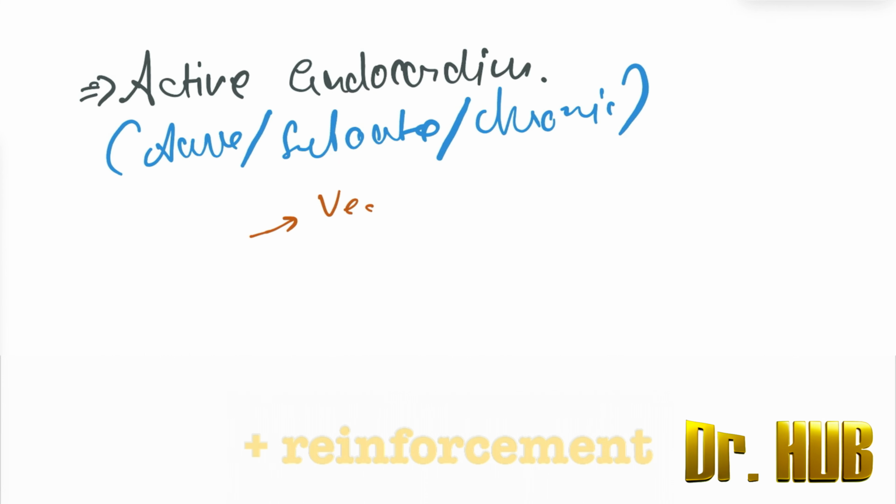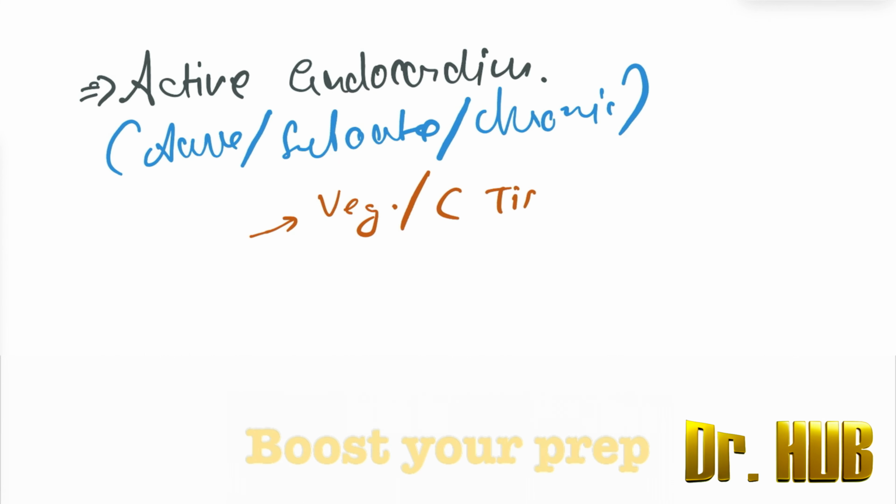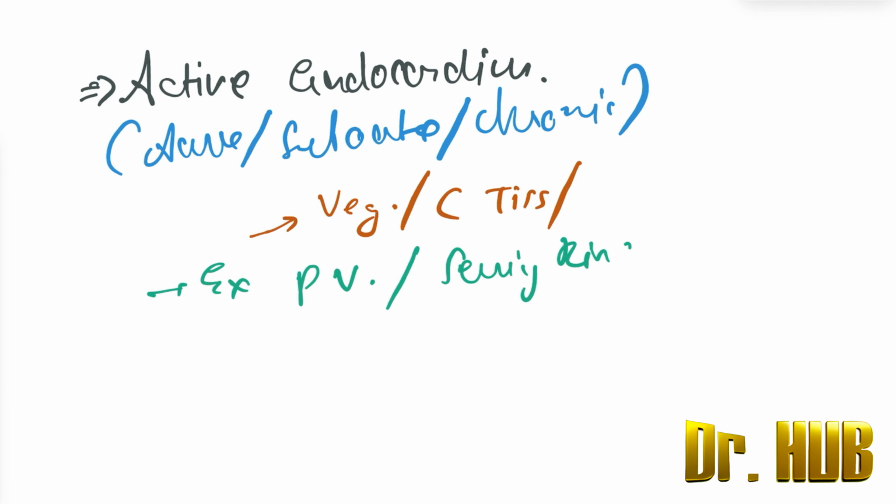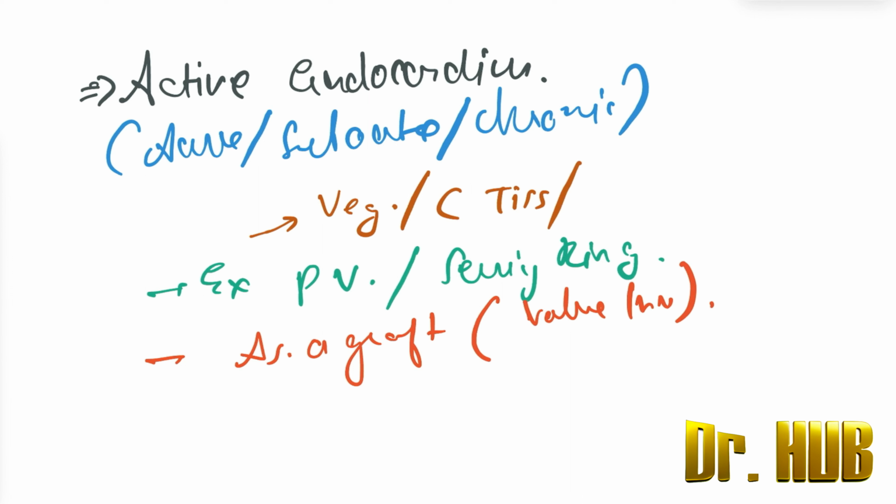It can be due to vegetation, the cardiac tissue, the explanted prosthetic valve or the sewing ring. Next, the ascending aortic graft with the concomitant evidence of the valve involvement. Next, the CIED, that is the endovascular intracardiac implantable electronic device, and also the embolus.